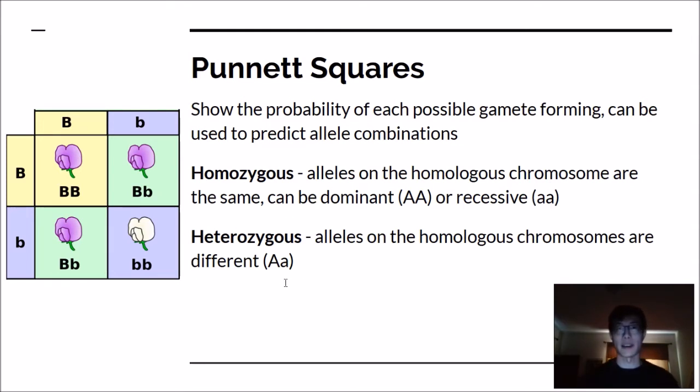A heterozygous situation is where the alleles on the homologous chromosomes are different. So you have big A, little a. That's heterozygous, which should make sense both in terms of scientific reasoning as well as logical reasoning. So homozygous is big A, big A or little a, little a, and heterozygous is big A, little a. This is pretty straightforward and you should definitely have it down.